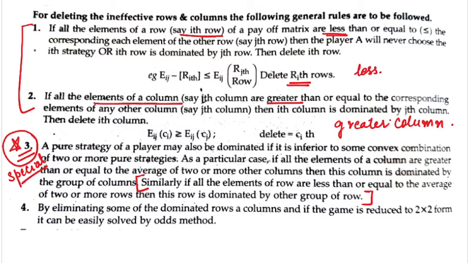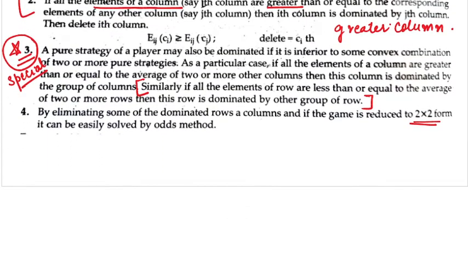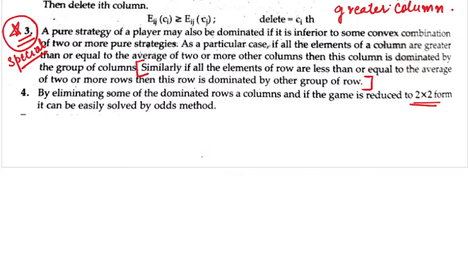Our main target is to reduce the complete matrix, whatever is given, to 2 cross 2 form. When it is reduced to a 2 cross 2 matrix, we can proceed in two ways. Number one, if we are able to find the saddle point by minimax or maximin, we do that.